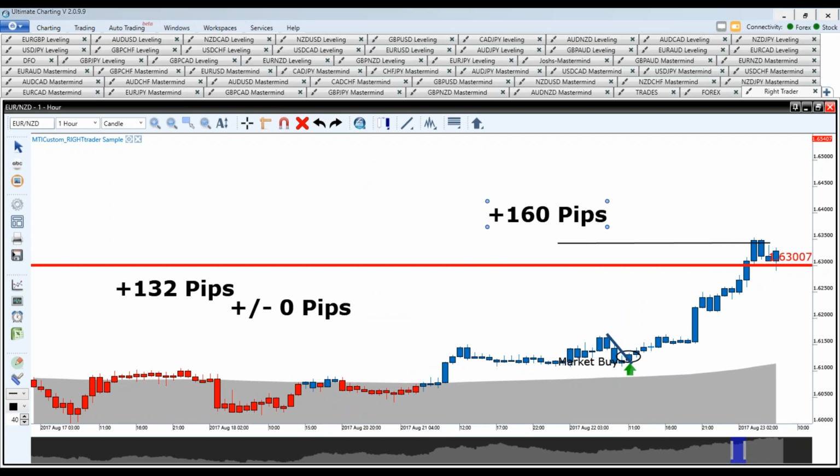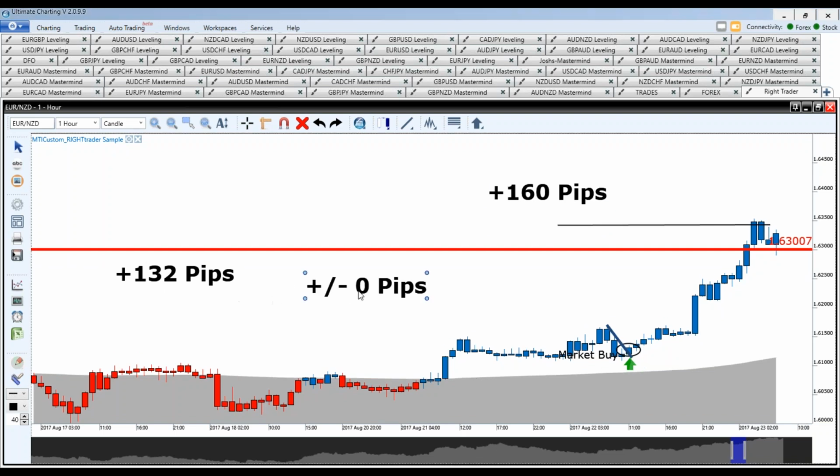But what I love even more, above anything else, is the fact that what? Did we get into the drawdown? Did we have a negative position? Did the market go against us? Did we lose profit?